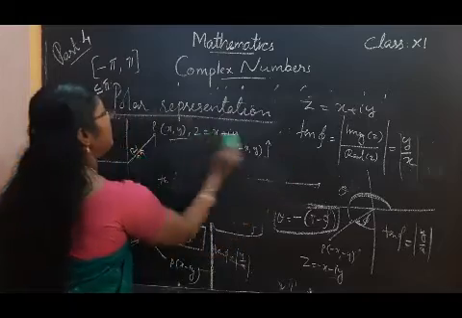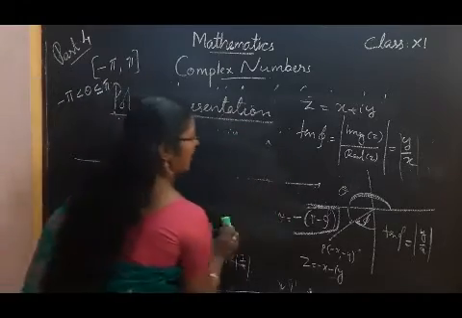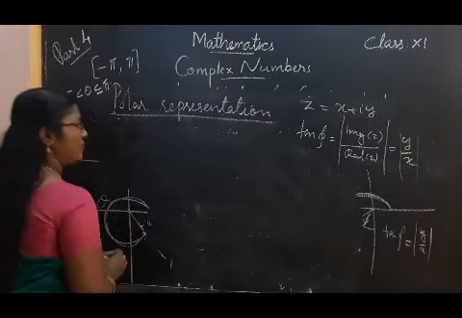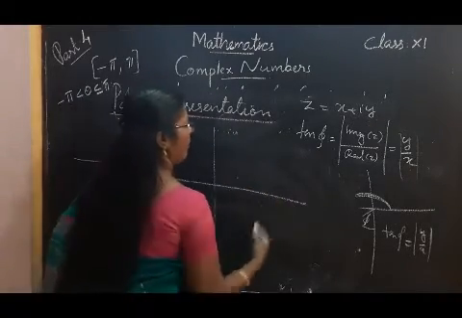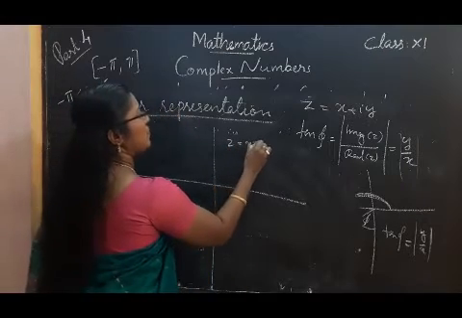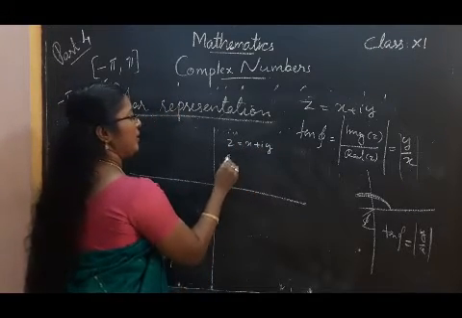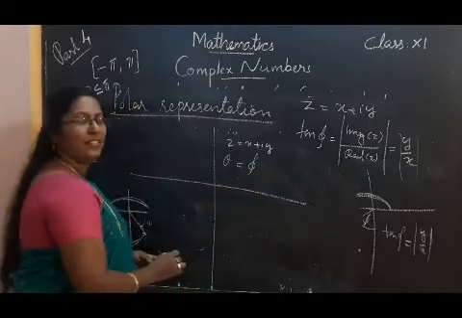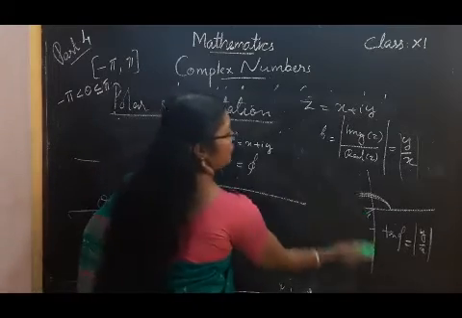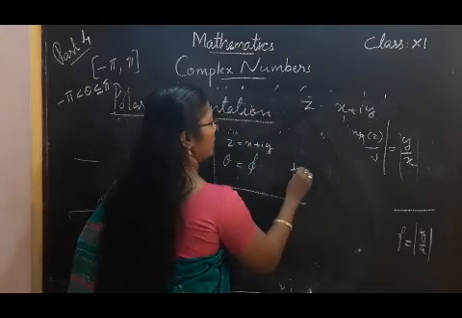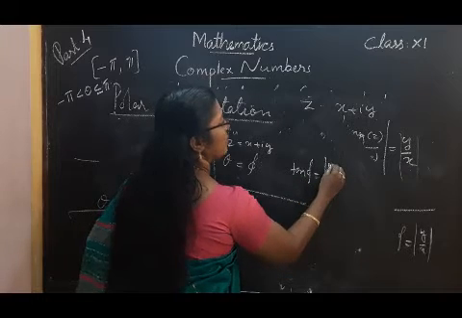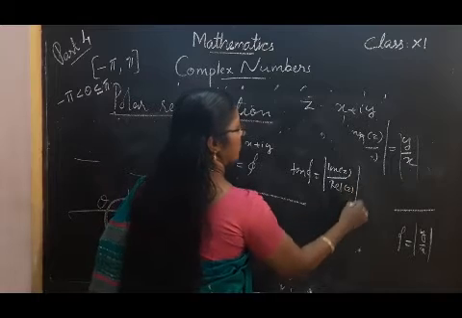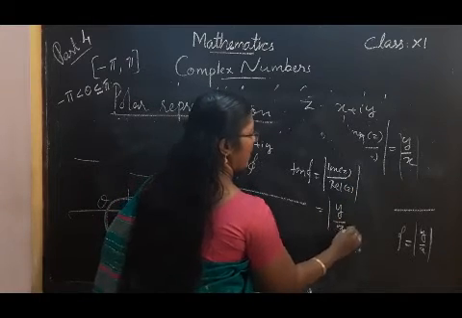Okay, we can write this in a single diagram. Here, in the plane, z equals x plus iy. The argument theta, and phi is given by the formula tan phi equals imaginary of z by real of z, or y by x.